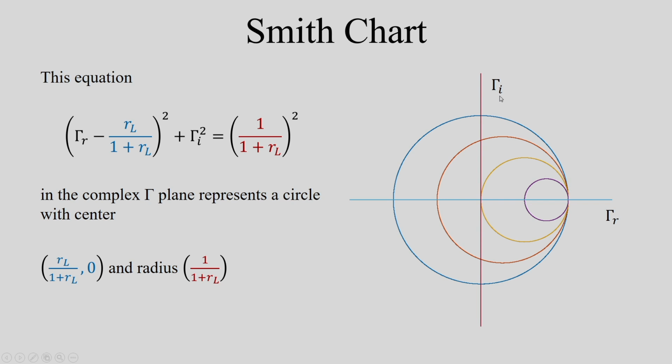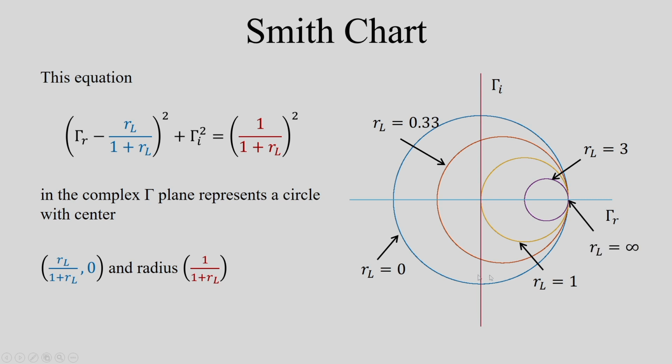So, we can see that for RL equal to 0, we will get this circle. So, this is the RL equal to 0 circle, and if we take RL equal to 0.33, then we get this particular circle. In fact, RL equal to 1 gives this circle and RL equal to 3.